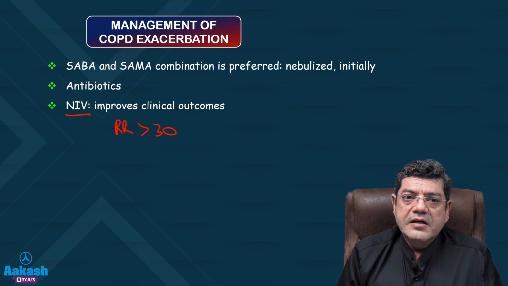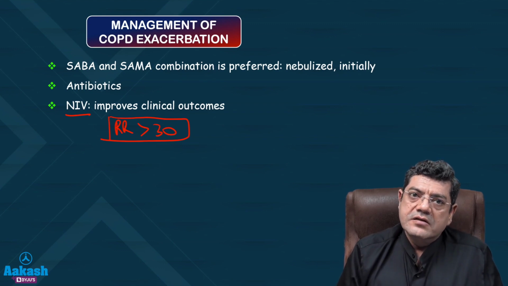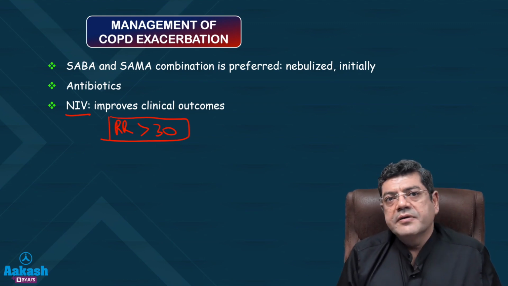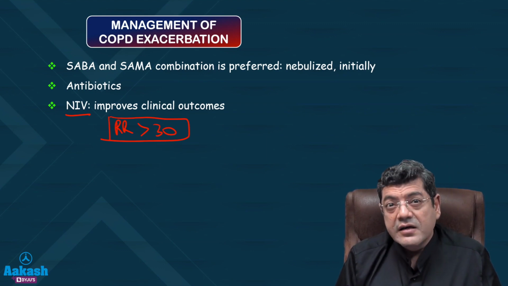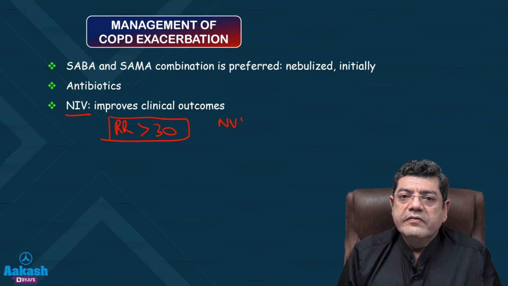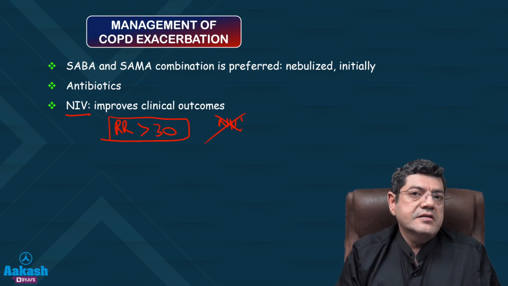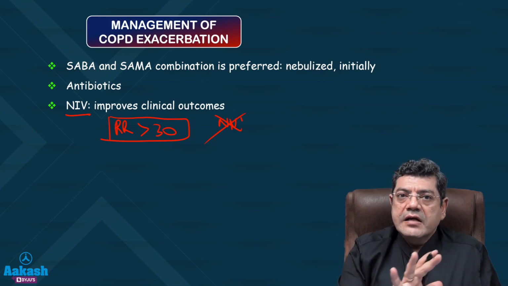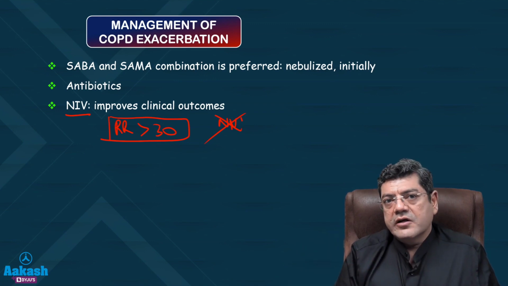So, when all that has been done, the patient still has a respiratory rate of more than 30. The higher the respiratory rate, the greater the chance that this patient will go into respiratory muscle fatigue. And then if you allow that fatigue to set in, at that time non-invasive ventilation will be of no help. Then you have to intubate your patient. So, it must be preempted. You must be able to foretell that this is unacceptably high.